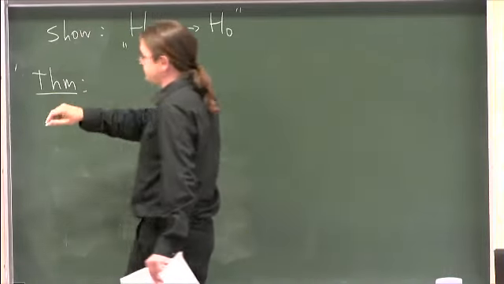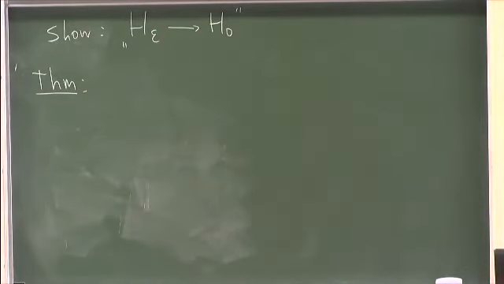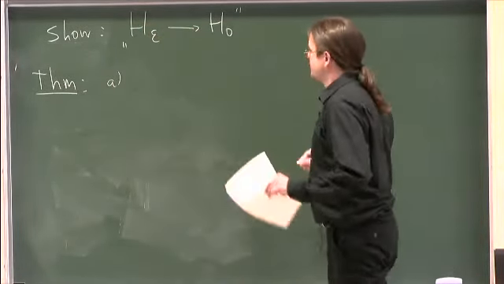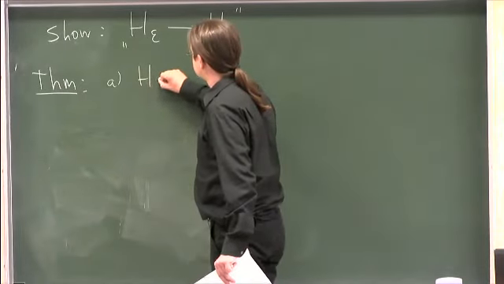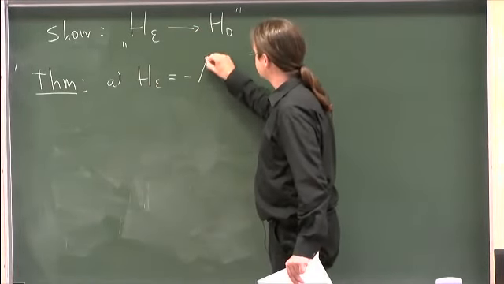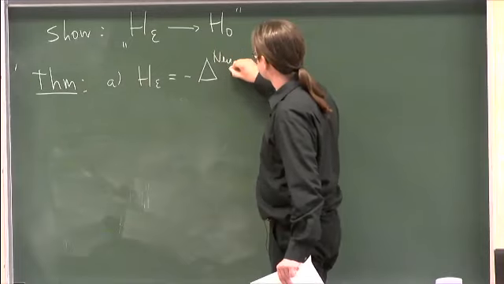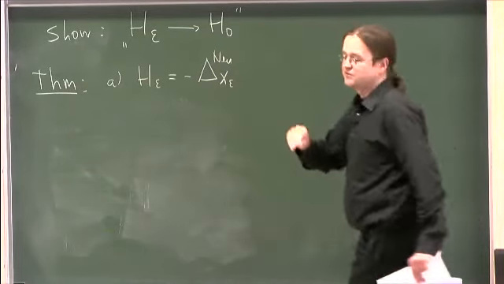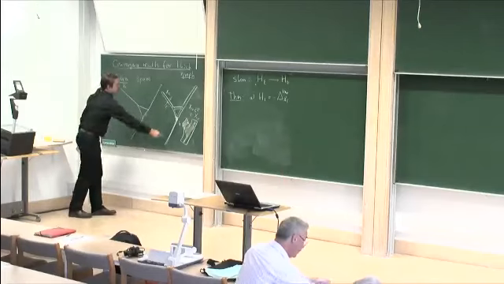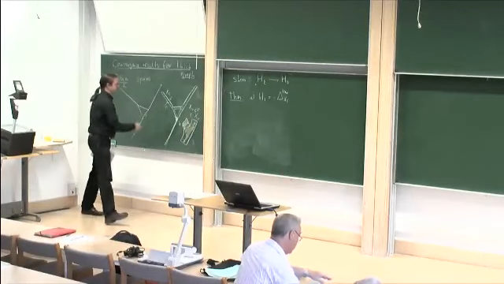So I make a list of certain operators where you can show convergence. Actually, let H_epsilon be the Neumann Laplacian. So in this setting we have a boundary along the graph, and there we put Neumann conditions on this thick graph.